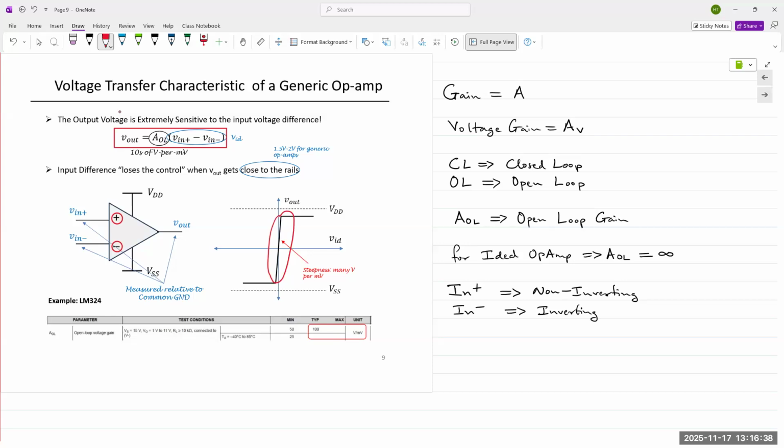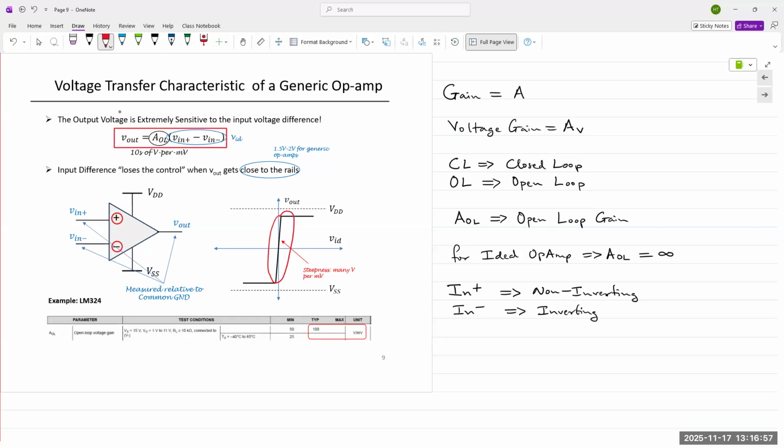You send in V in, and the output will be a multiple of that voltage. So it behaves like a voltage source. You're sending in some voltage, and the output follows the input voltage. Hence, a linear relationship. No matter what the input is, the output is going to follow that linear relationship, simply multiplied by the gain A.